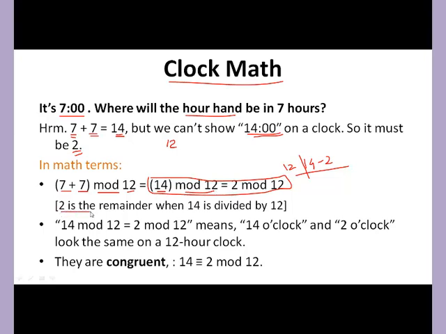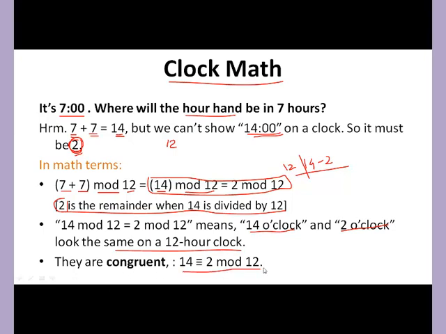So 2 is the remainder when 14 is divided by 12, the same as what we guessed intuitively. So 14 mod 12 is equal to 2 mod 12, meaning 14 o'clock and 2 o'clock look the same on a 12 hour clock. They are congruent.